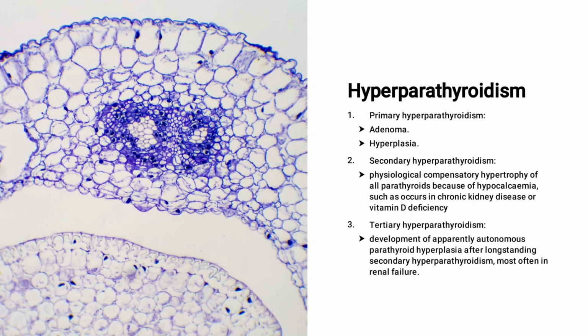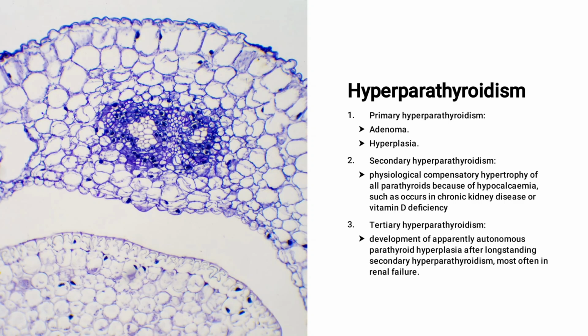If the patient has a problem with the kidneys, like chronic kidney disease, and we don't see it so much in acute kidney disease, it's mostly in the chronic. So the parathyroid will try to compensate for the low calcium, because the kidney will not absorb any calcium anymore because it's already dysfunctional. So the parathyroid will try to secrete the parathyroid hormone, trying to compensate. Okay. And there's also another condition, which is vitamin D deficiency.